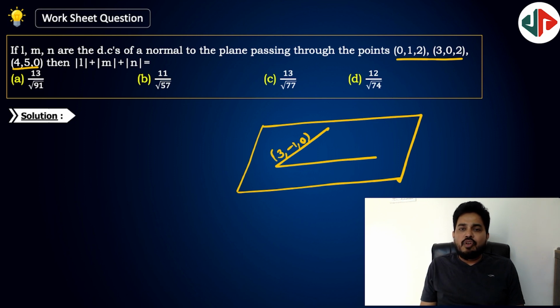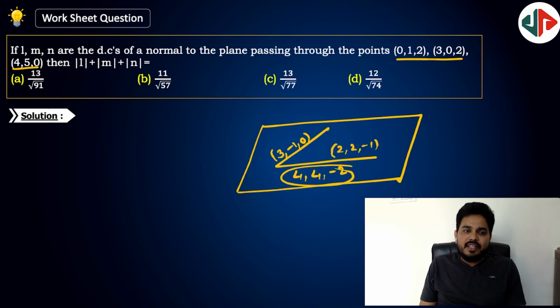Next, 4 minus 0, 4; 5 minus 1, 4; 0 minus 2, you will be getting minus 2. So the DRs of this line will be 2 comma 2 comma minus 1.